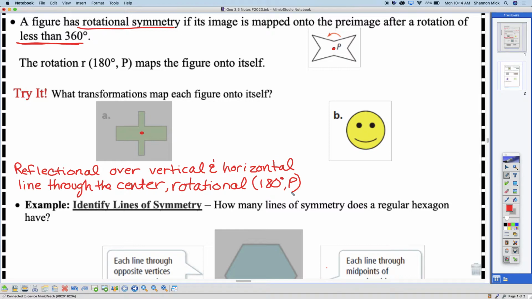In the center. You're going to have to write it on the side. Point P is the center. Rotational symmetry is at the center.